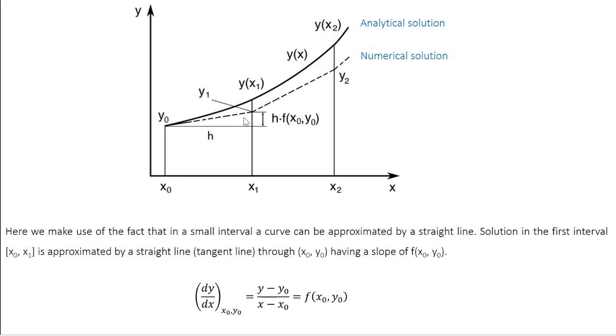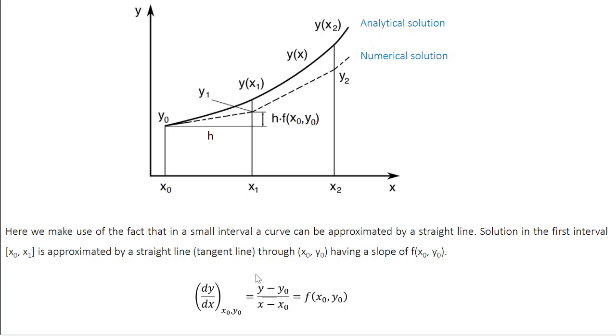And the tangent has a slope which is given by the derivative, and the derivative is nothing but f of x naught y naught. At this point x naught y naught, the derivative is f of x naught y naught. So basically you're finding a straight line, a tangent line, which passes through the starting point x naught y naught, and has a slope f of x naught y naught.